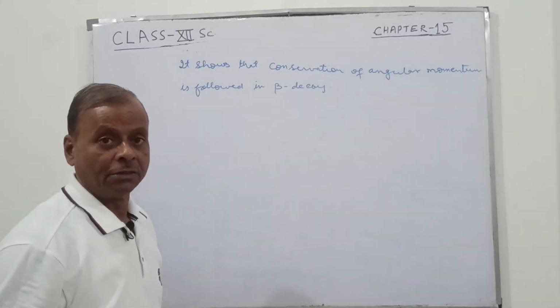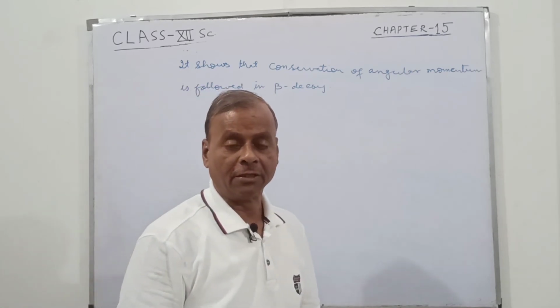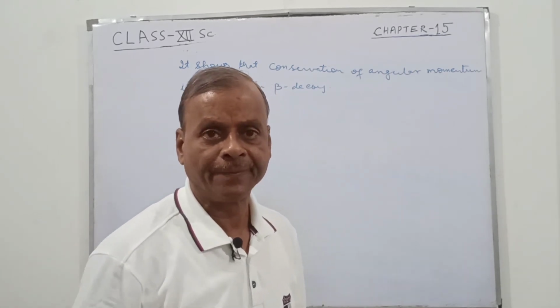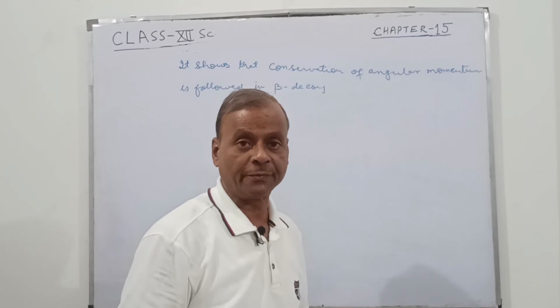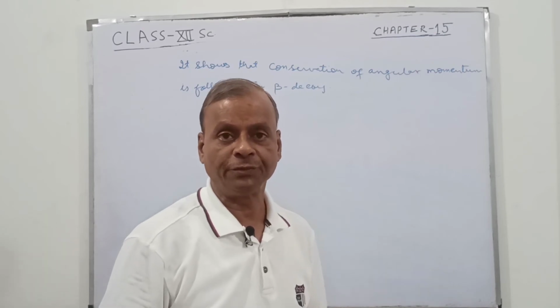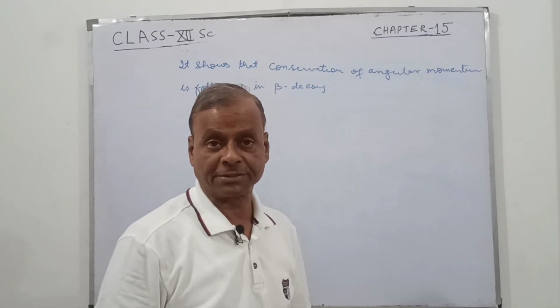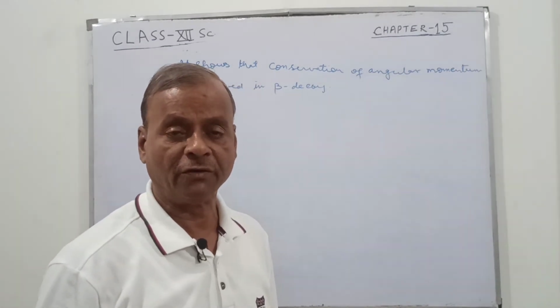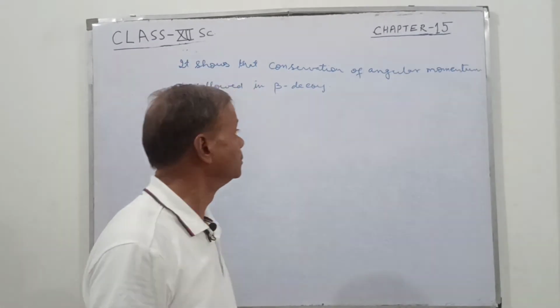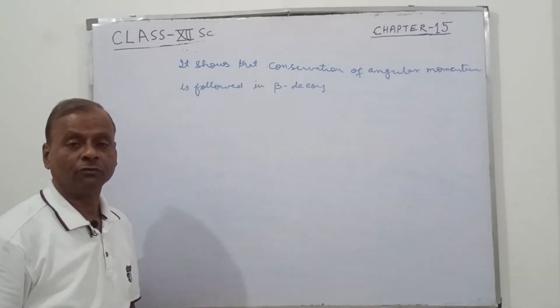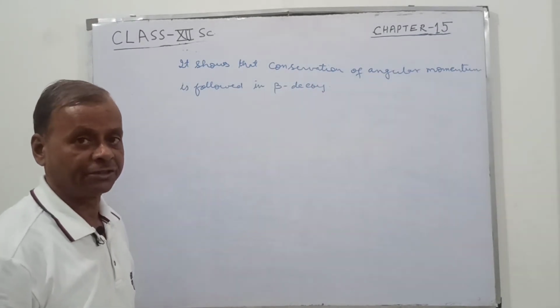Thus, the neutrino particle, the hypothesis given by Pauli, was found to be correct, that there must be the emission of the neutrino. Neutrino and antineutrino are antiparticles of each other.